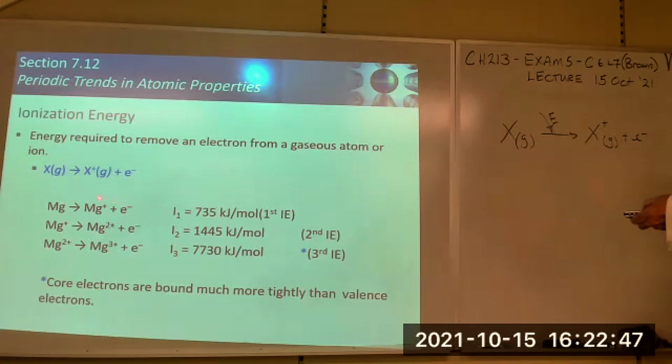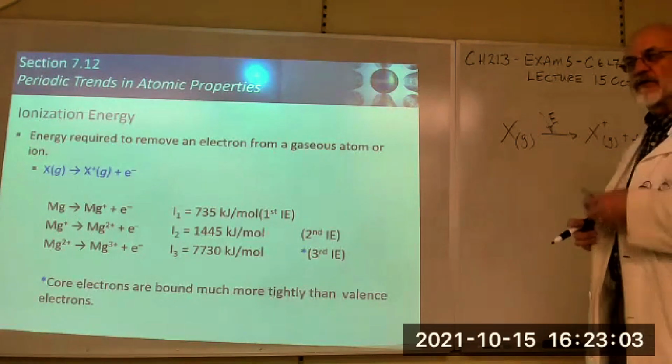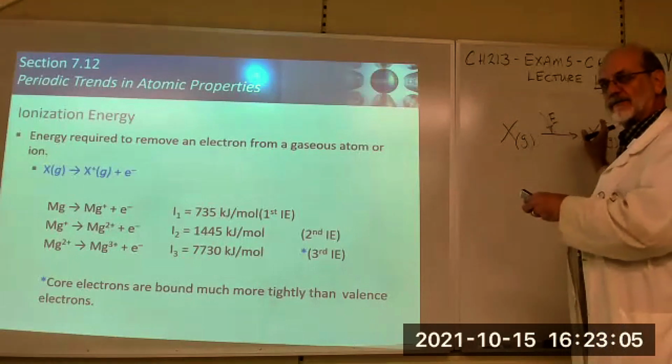So for magnesium, it takes 735 kilojoules per mole of magnesium atoms to remove an electron. That's called the first ionization energy. The first ionization energy is always the neutral atom remove one electron.